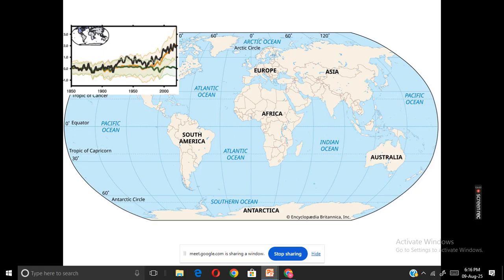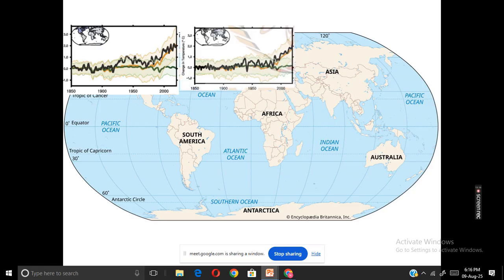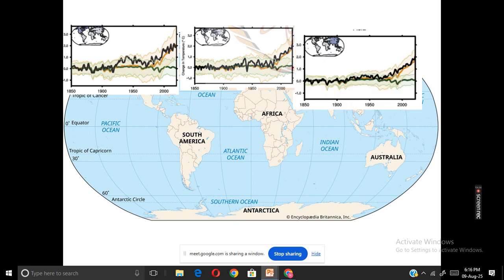we have an increase of around 1.9 to 2 degrees Celsius. And over the European region, we have an increase close to 2 degrees Celsius again. So these are all temperate regions in the northern hemisphere. And over Asia, again we have a value close to around 2 degrees Celsius.